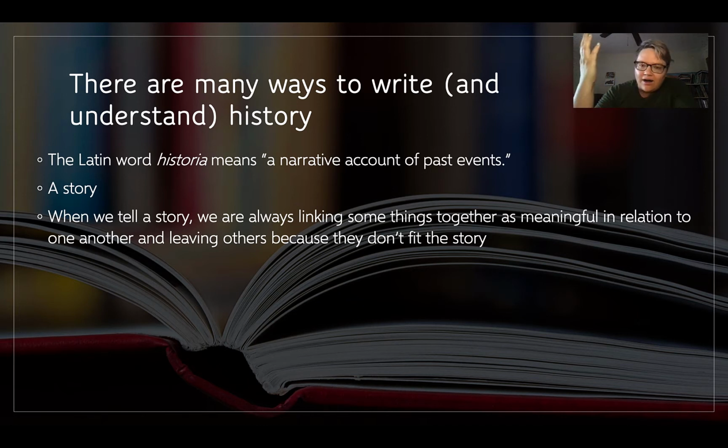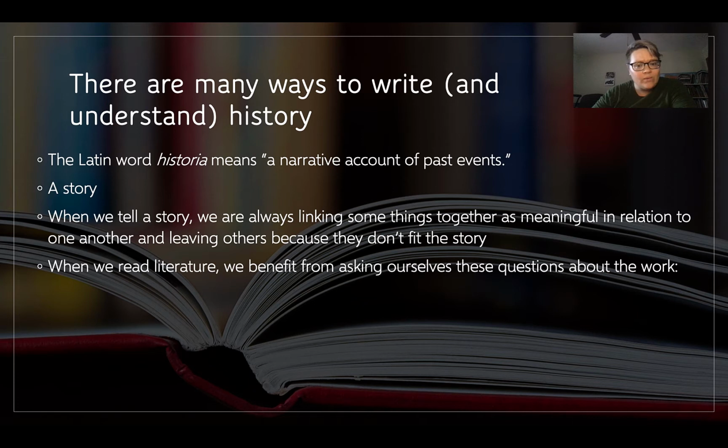If you'll recall, this is part of what we did in our first metacognition assignment about telling our stories from two different angles. When we read literature, we can benefit from asking ourselves a couple of key questions. Who is telling the story? Who is left out?